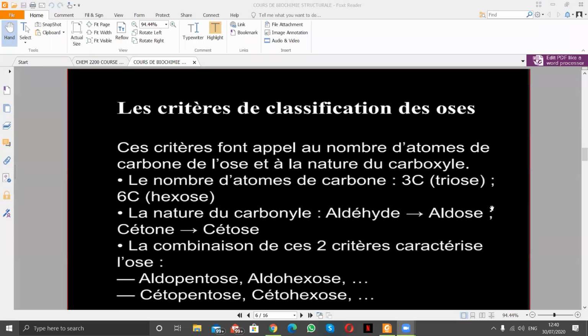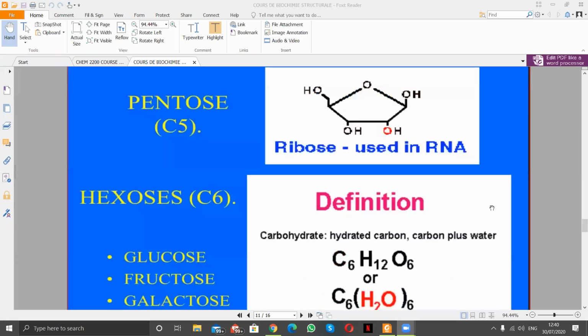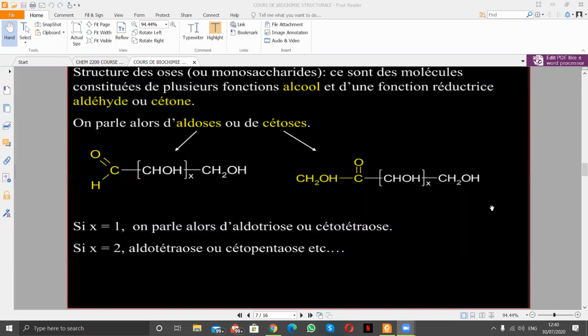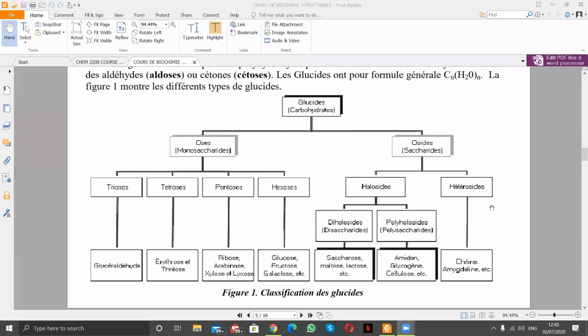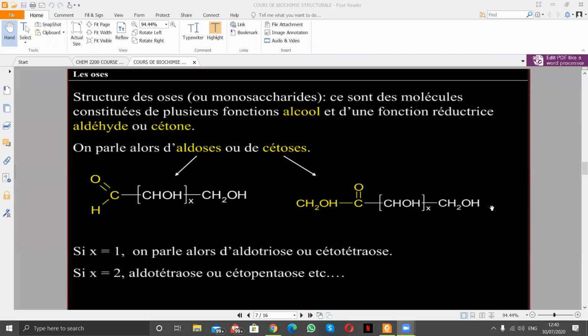You are saying oligosaccharides are made up of 2 or more monosaccharides, right? Yes.